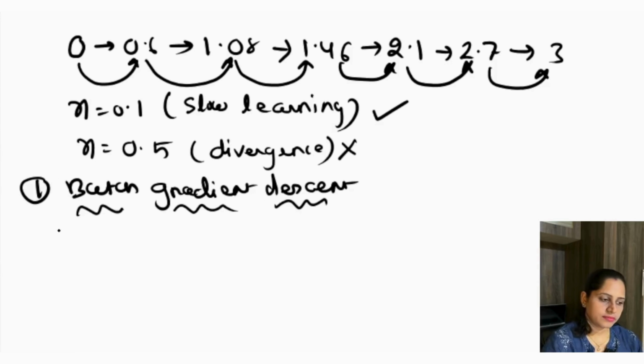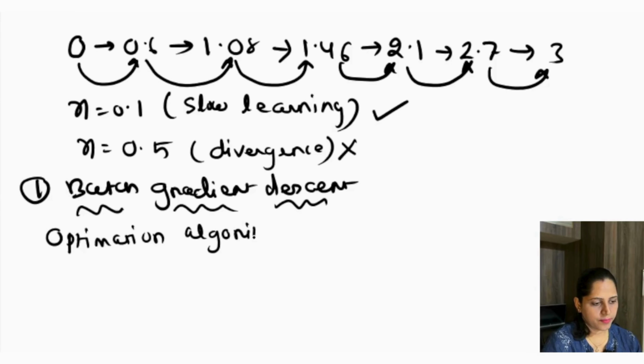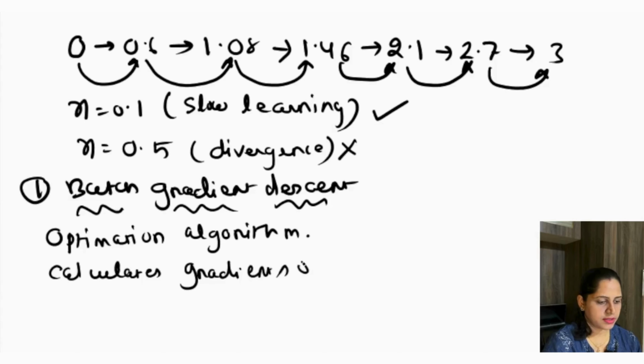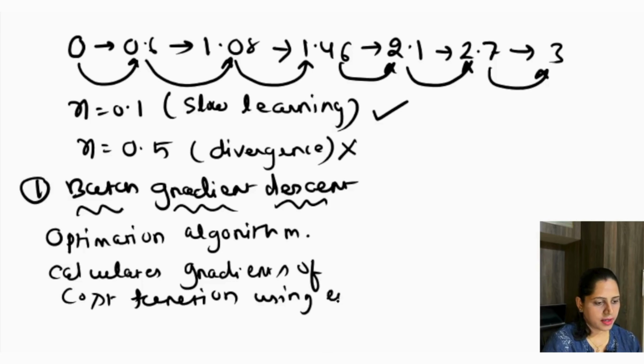So again, these are all optimization algorithms, right? Optimization algorithm. And it calculates the gradient of the cost function using the entire data set.